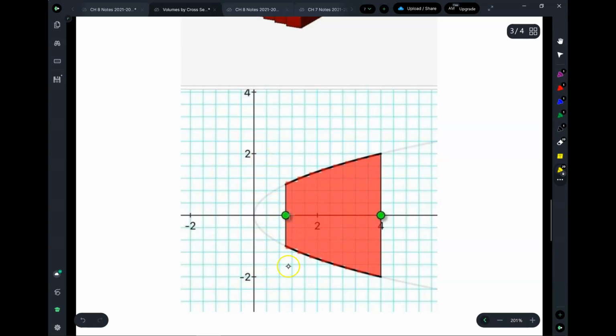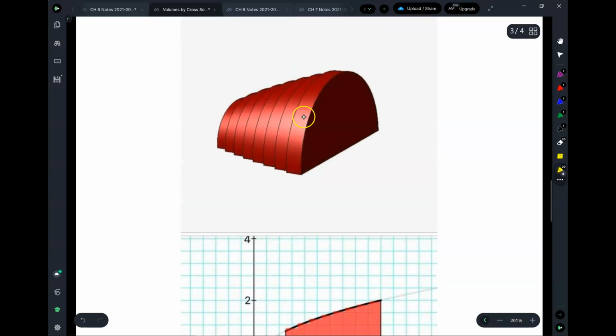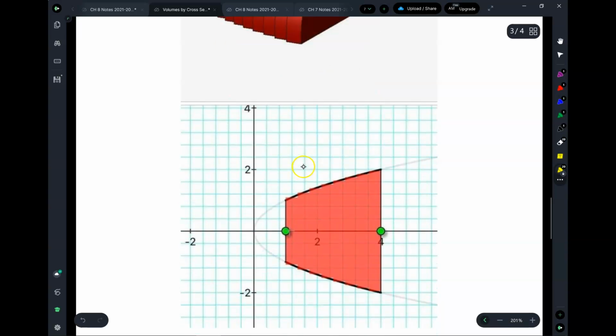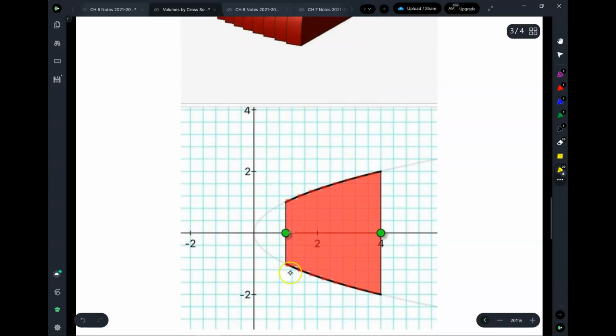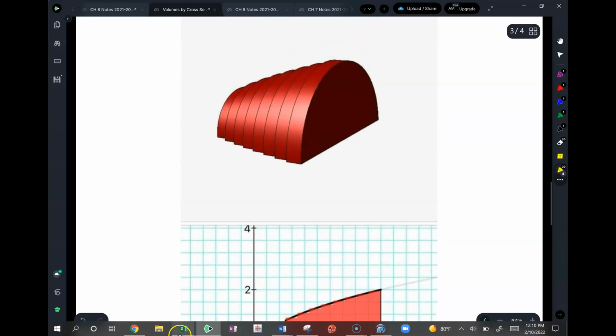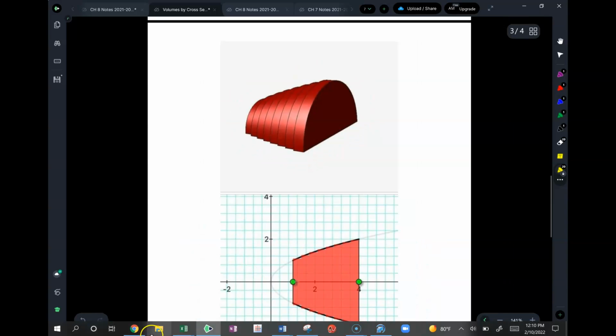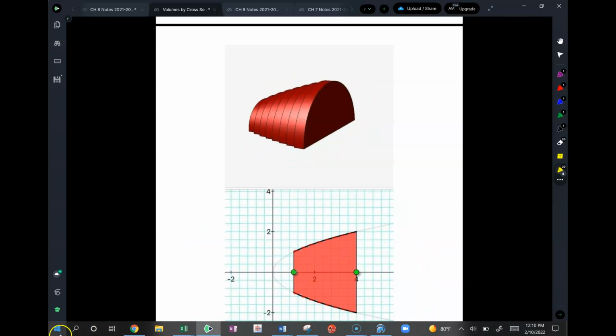Now we have semicircles, and each of them is a cross section here. By doing a series of semicircles, you create a different shape with the same base. So the volume of this is going to be different. You can generate a whole world of different shapes.